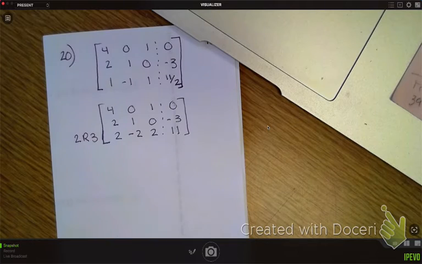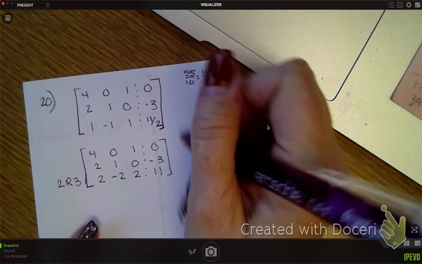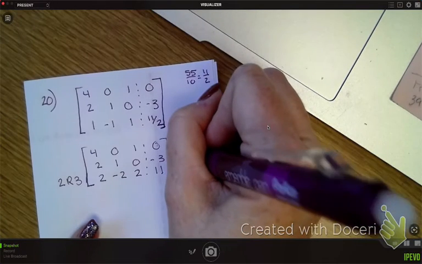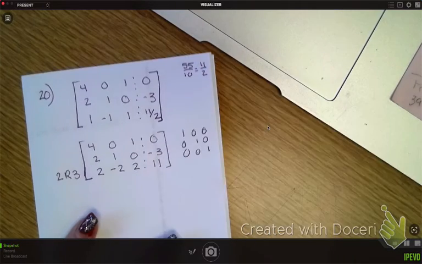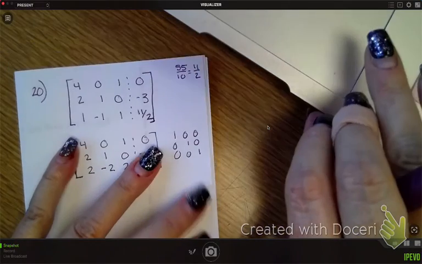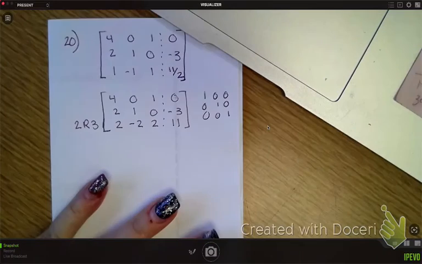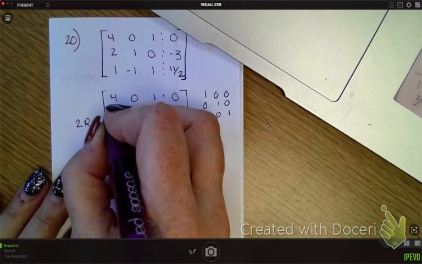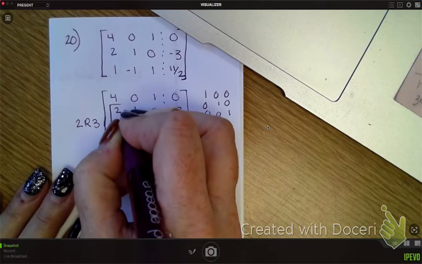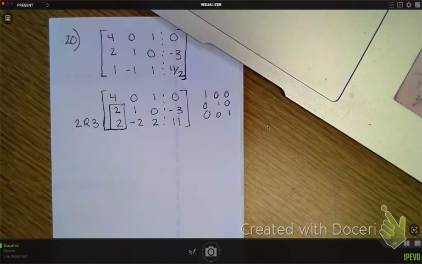Okay, so we want our goal: 1 0 0, 0 1 0, 0 0 1. What form is that called? RREF, reduced row echelon form. So the first step is to zero these two things out, yes? Now, question for you, do you want to keep them in the same place or do you want to move one of those rows to the top?